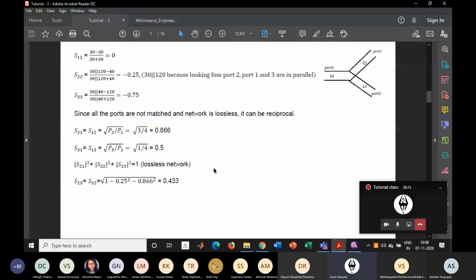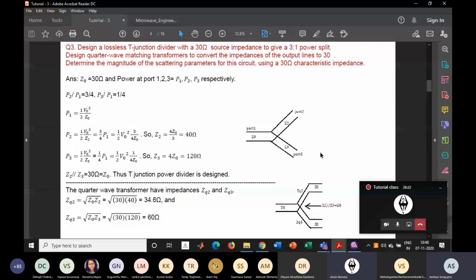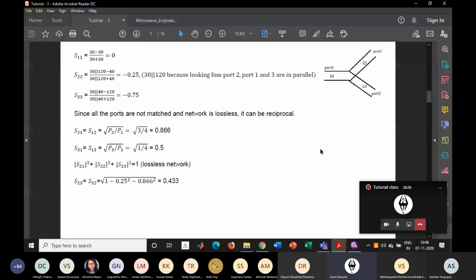Sir, we see that there is a load at the end, which is 30 ohm parallel 120 ohm. Is this the one you are asking about? Yes, sir. If we look into port 2 without adding the transformer, we see that at the end of the port there is a load, right? 30 ohm parallel 120 ohm.